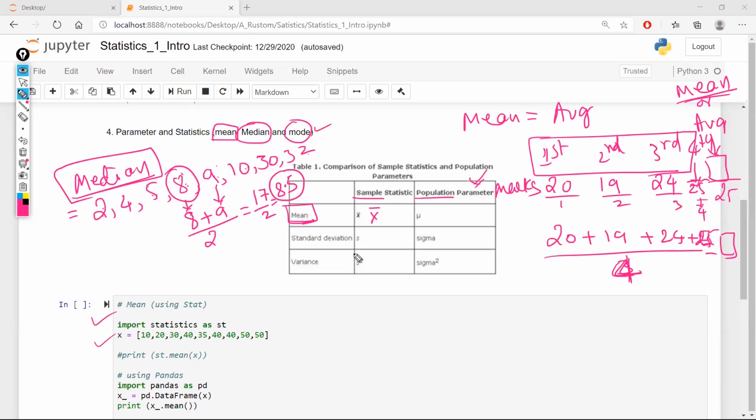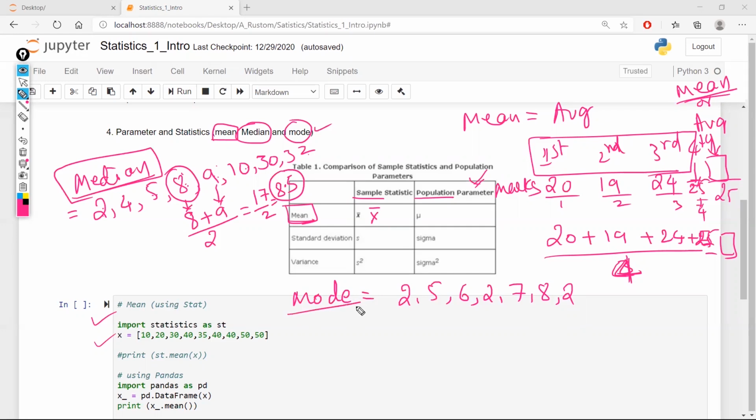And the last one is mode. What is mode? Suppose I have the numbers 2, 5, 6, 2, 7, 8, and 2, something like this. Mode is basically, if any one number, or maybe two numbers, is occurring more number of times, then that number will be called a mode.